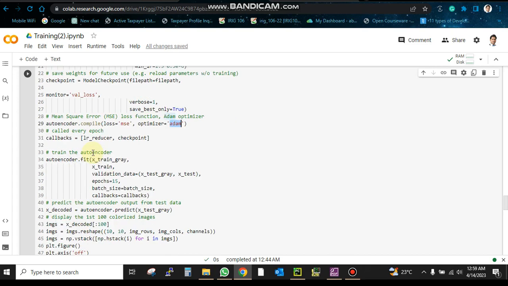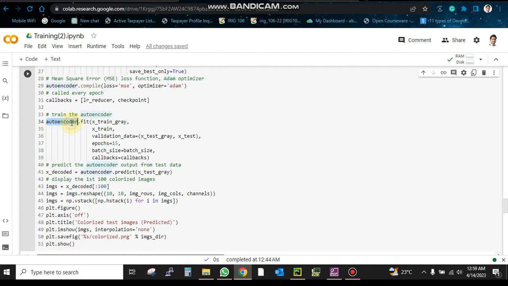Okay, so this is where we define the callbacks, and then this is the function which performs the training. This is autoencoder.fit. We give it X train gray, which is the input dataset, and the corresponding output dataset. Then this is the validation data, the input and the output.